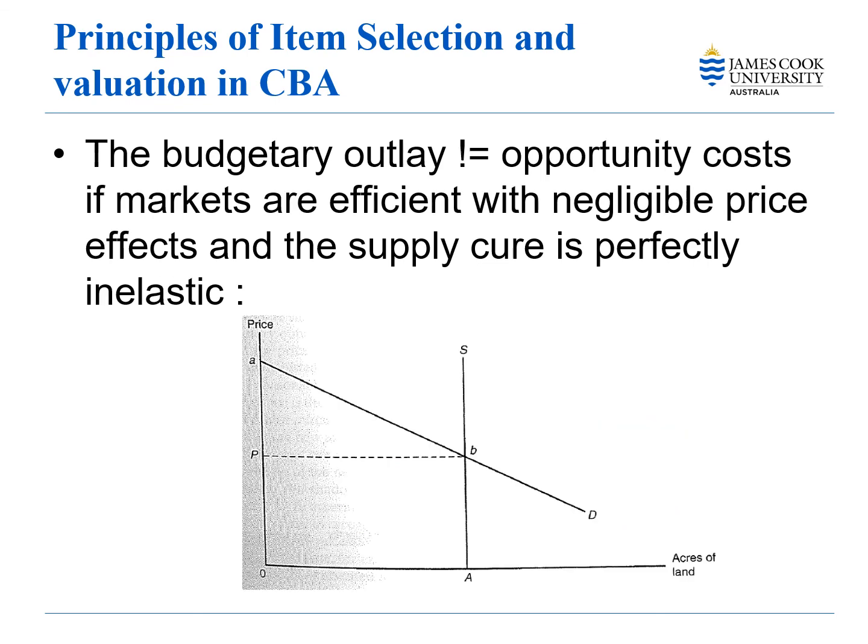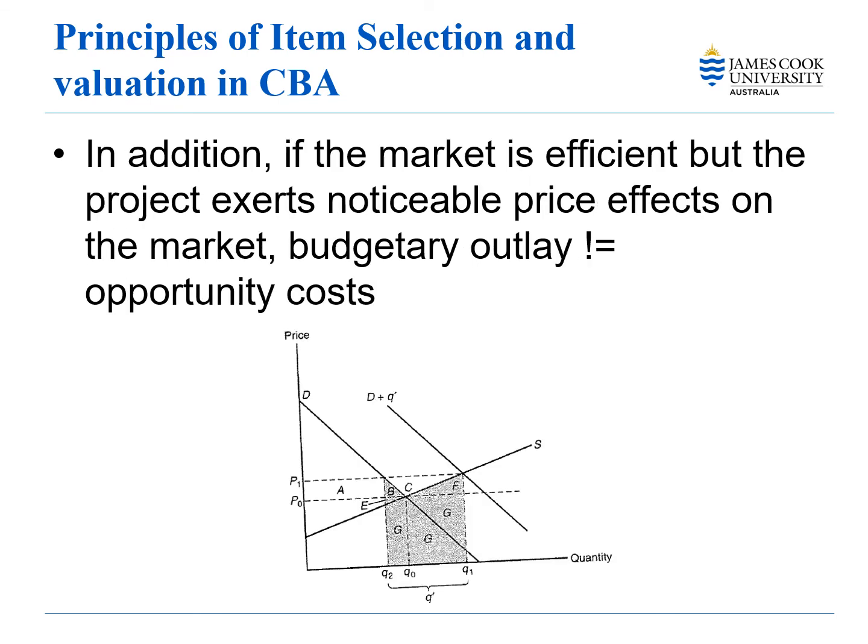And it's not the case if the supply is perfectly inelastic. Okay, these are the principles we want to follow in valuing the benefits and costs associated with a project.